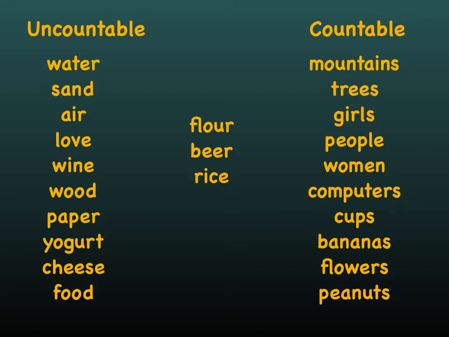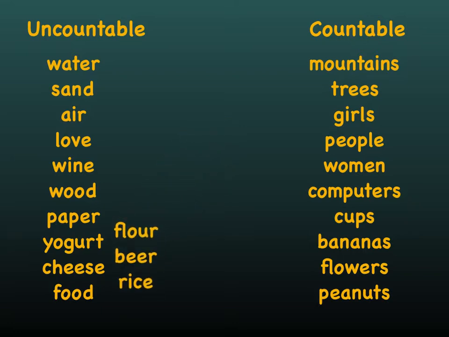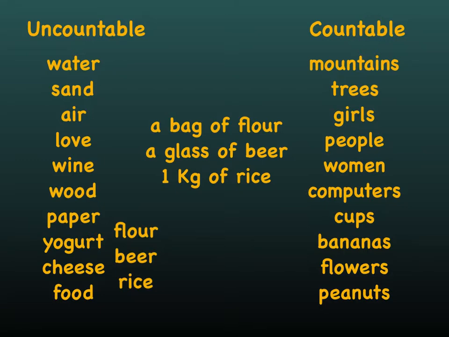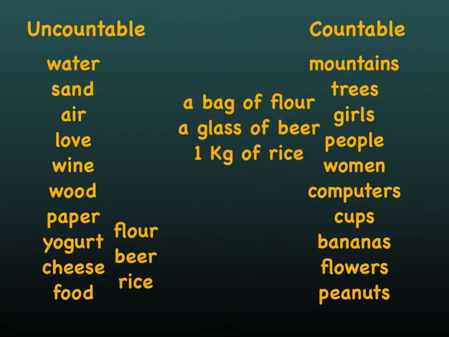That flour is the powder for cooking. Well, maybe you can count pieces of rice, but we usually don't. So these are usually all uncountable. But if you need to count them, you could use these ways to count: a bag of flour, a glass of beer, a kilogram of rice. Now they are countable.